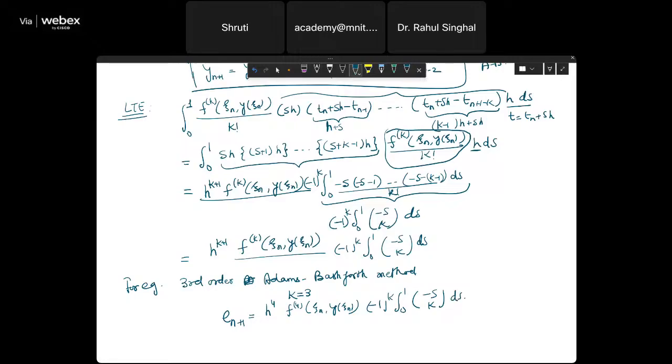So here it is 4, and k is already 3, so basically I can put that also. It will give me a minus value, and this will be 3, and this will be minus 1.